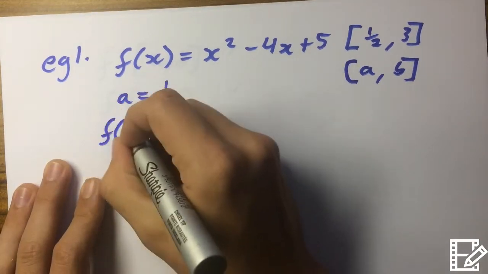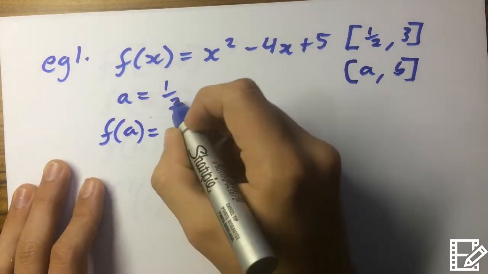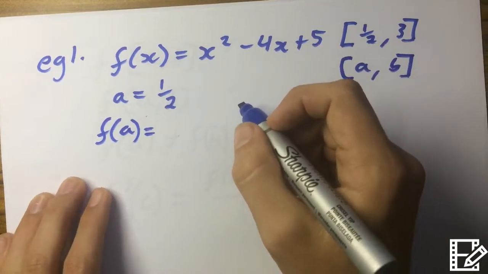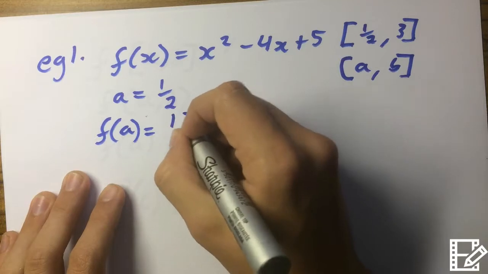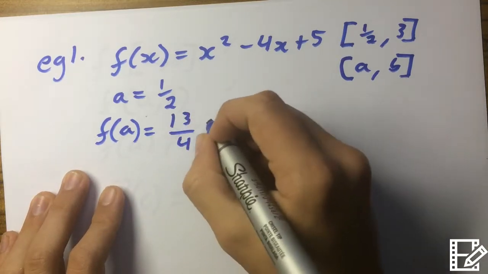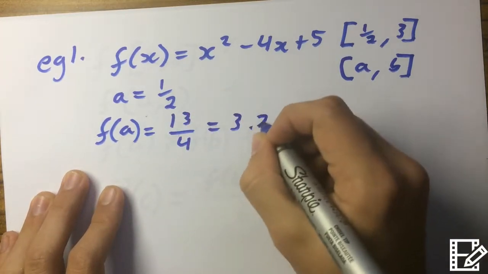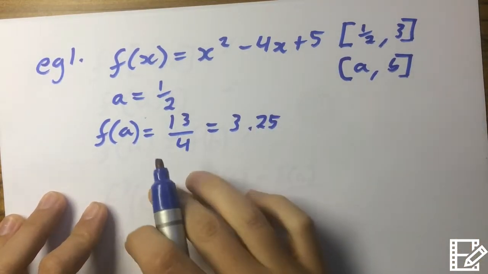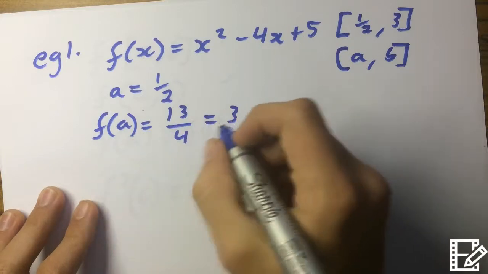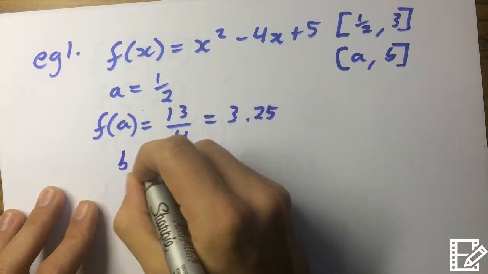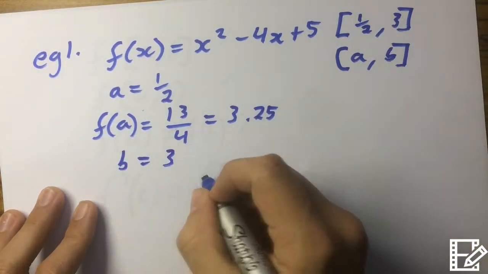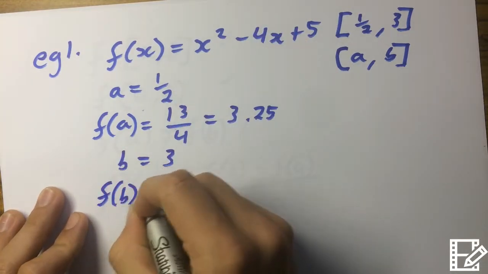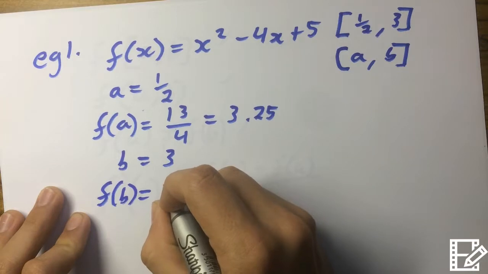Therefore, when we sub this into the function, so function of a, we sub a half in where all the x's are, and what we end up getting is 13 over 4, but I'm going to keep it as a fraction, maybe it looks neater. And we have b, which equals 3, and we sub b into the function, so the function of b then equals 2.